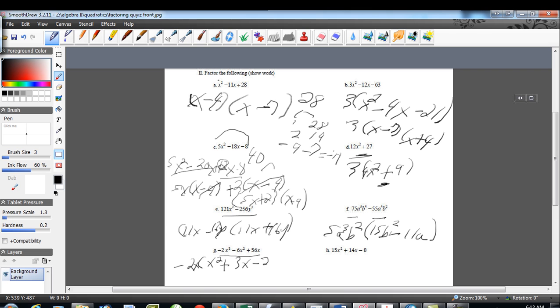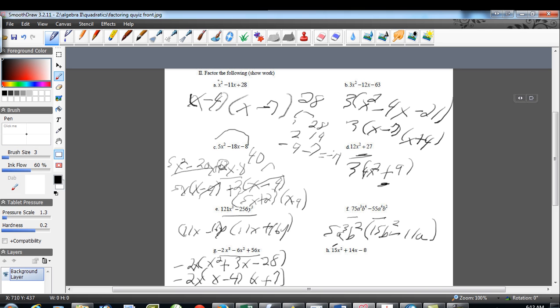Negative 28. Factor this. That turns out to be x negative plus. From the tree, I get 7 and 4. You come over here, you have 15x squared plus 14x minus 8.